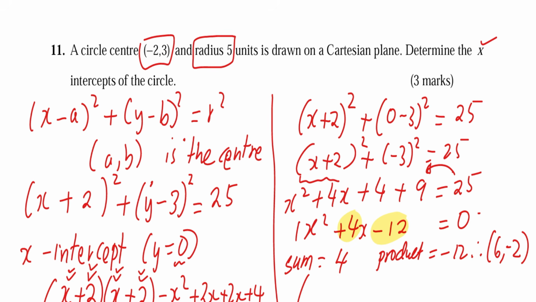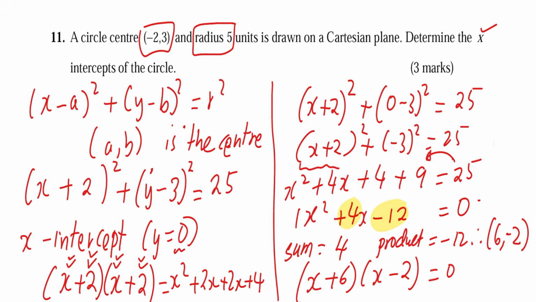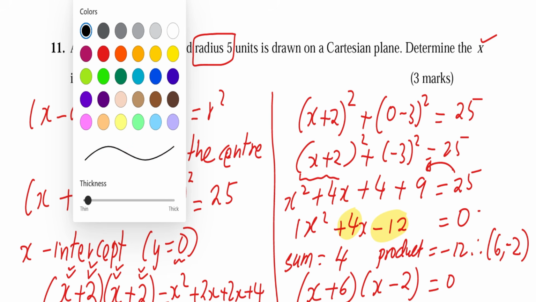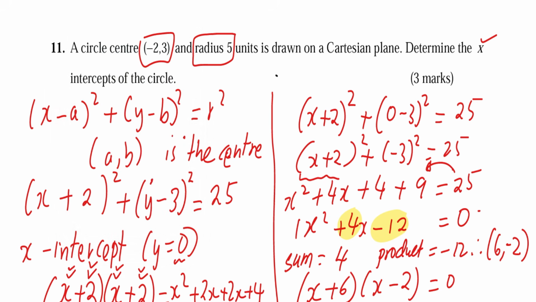So if you factorize, it should give you x plus 6 and x minus 2, which is equal to 0. Now let's find out the value of x. Let me write it up there because of space. For x plus 6 equal to 0, if you take 6 to the other side, x equals minus 6.